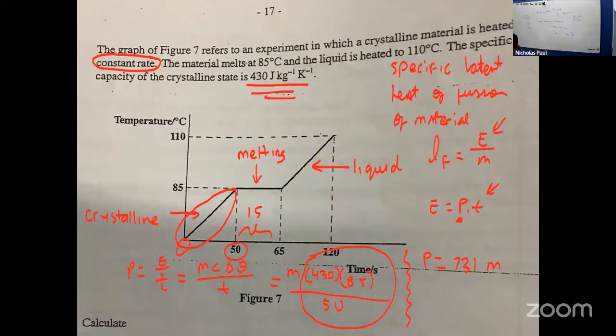Now I can use that power here. See what happens? So I know the power being delivered in terms of mass. We don't know the mass, right? But when we substitute, what do you think will happen to the mass? It cancels out, because they both have the same mass. So in short, those two get lost.